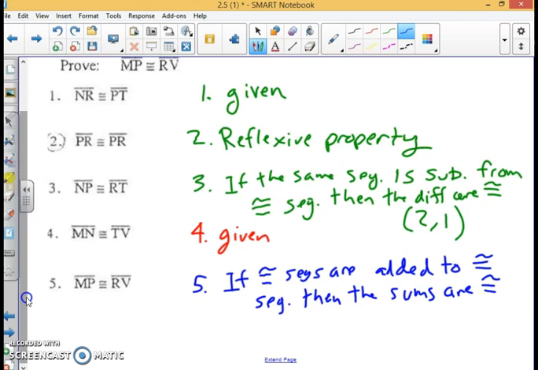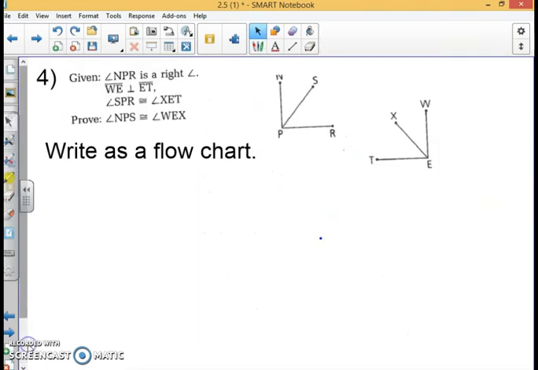And those congruent segments that we added, we got from statements 4 and 3, so we should say that in parentheses there.